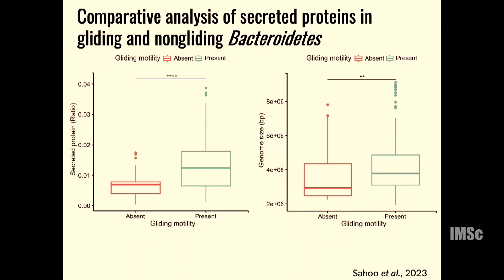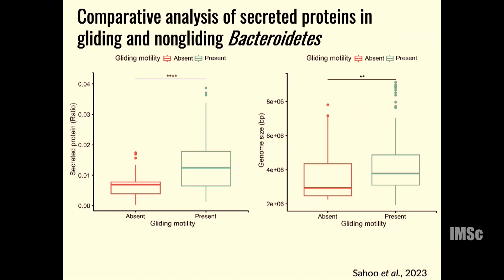So here we have found some interesting results. We compared the secreted proteins for gliding bacteroidetes that we have predicted versus bacteroidetes predicted not to be gliding, and we found that gliding bacteroidetes seem to secrete more proteins than non-gliding bacteroidetes.